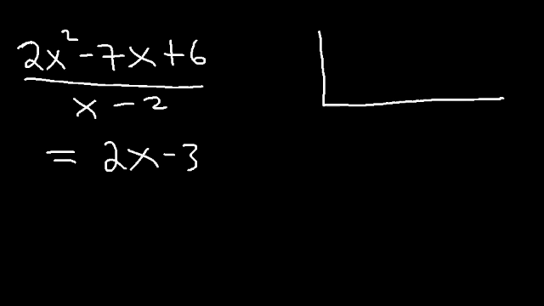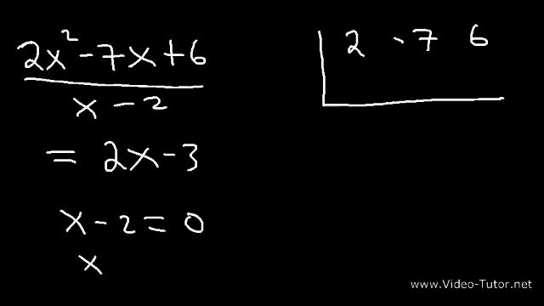Let's write the coefficients of the numerator, which are 2, negative 7, and 6. Now we're dividing it by x minus 2. If you set this equal to 0, x is 2. So we're going to use 2 here instead of negative 2. Let's bring down the 2. 2 times 2 is 4.